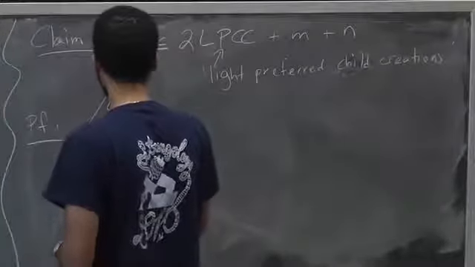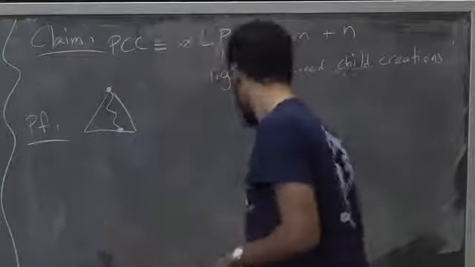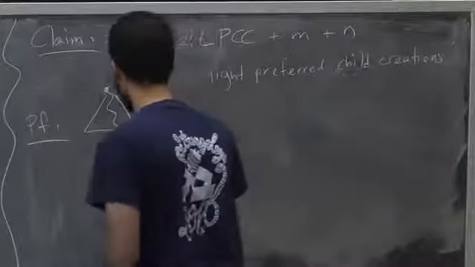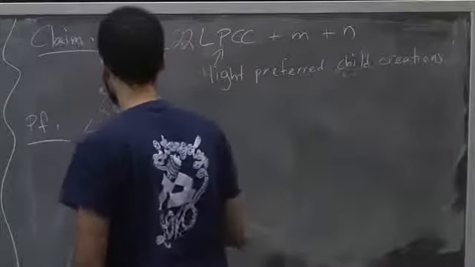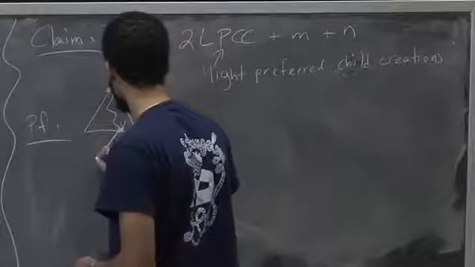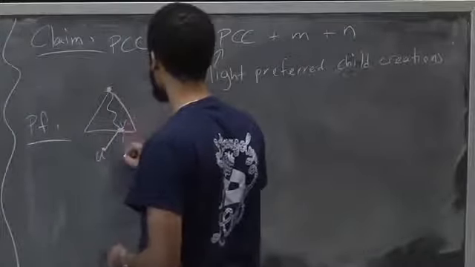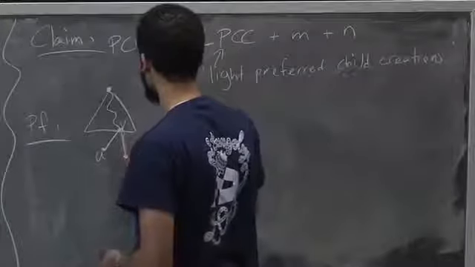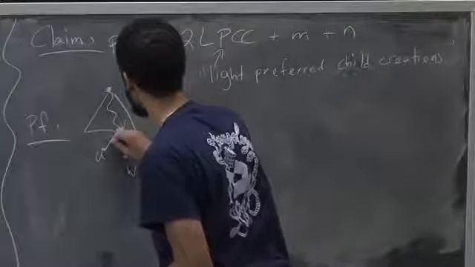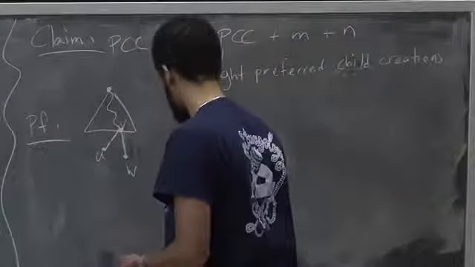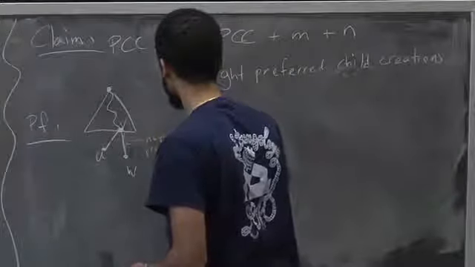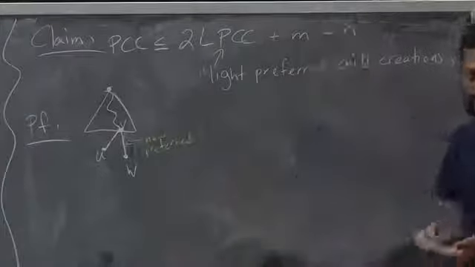The root has some path down to W. V used to have some preferred child U, but then we did an access on W, and now this is no longer the preferred child, and this is the new preferred child.